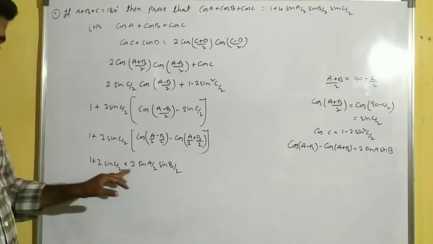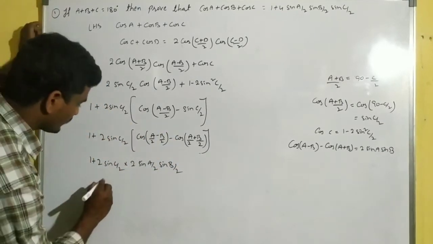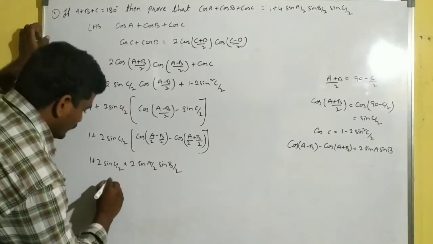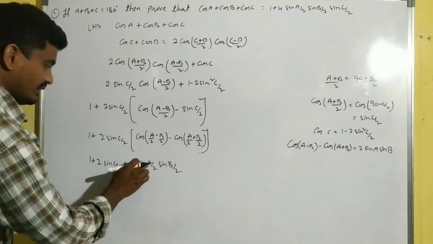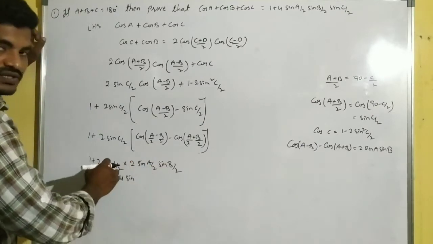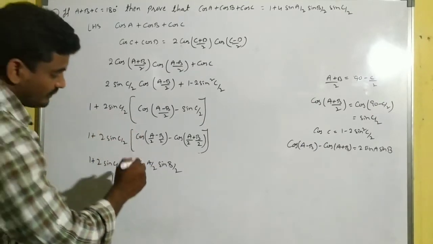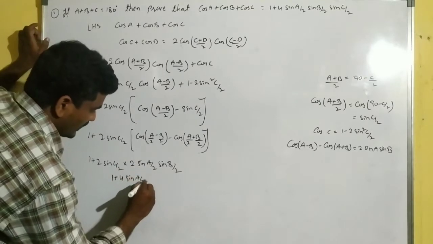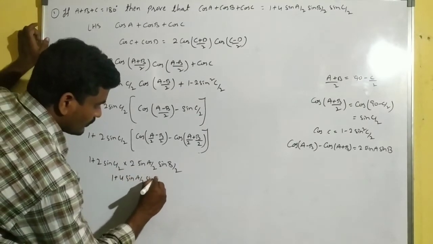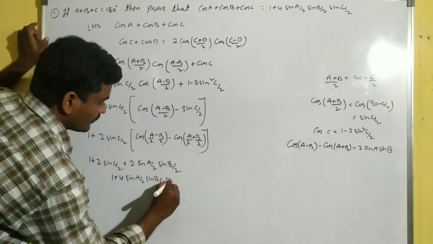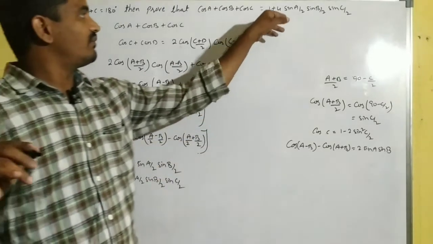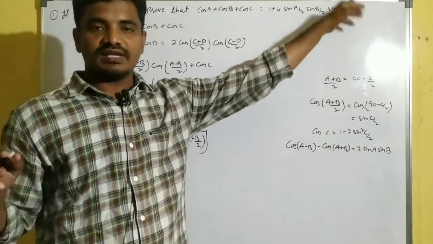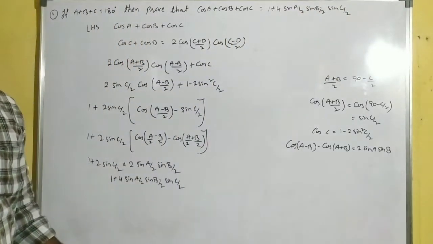When I multiply the two 2s, we get 4. 1 plus 4 sin a by 2, b by 2, c by 2, I am writing in order: a by 2, b by 2 and c by 2. This is about the RHS. Look here, 1 plus 4 sin a by 2 sin b by 2 sin c by 2. Hence proved.